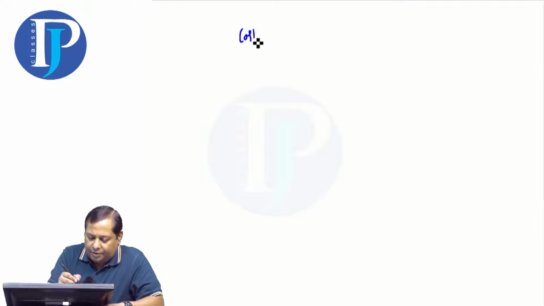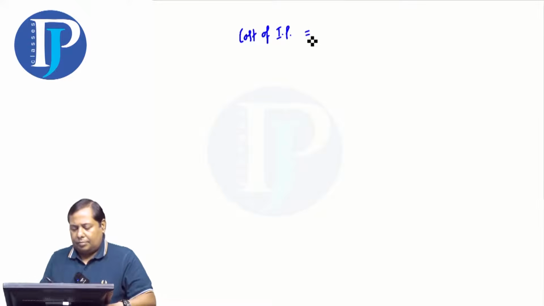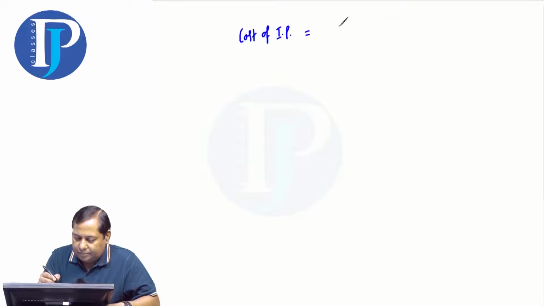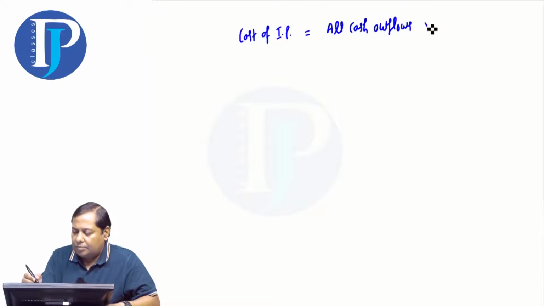I can write the cost of IP: all cash outflows multiplied by PV factors, PV factors at market rate.